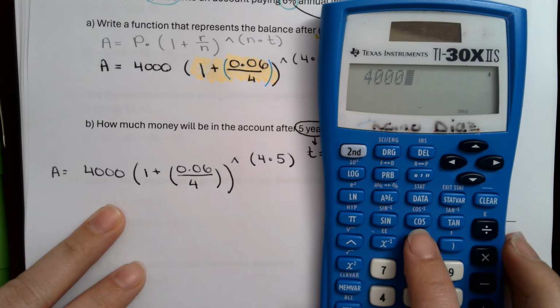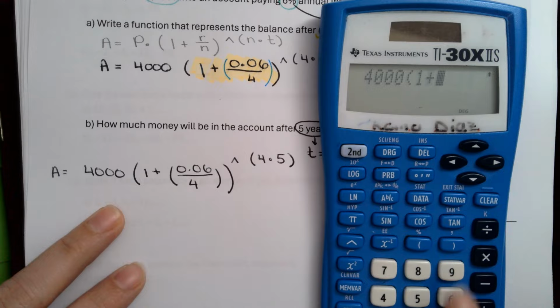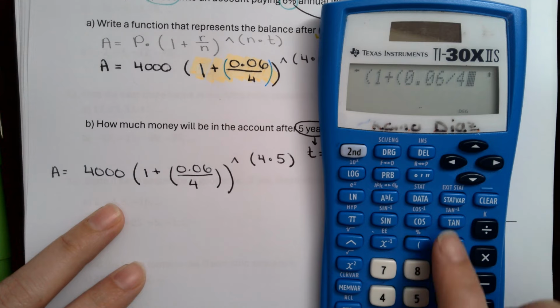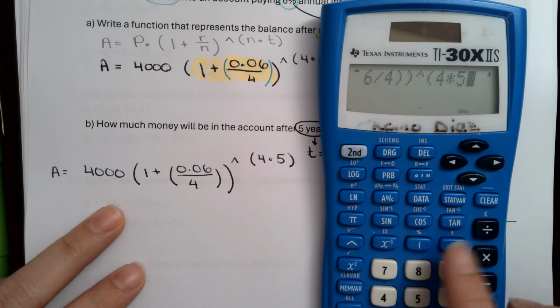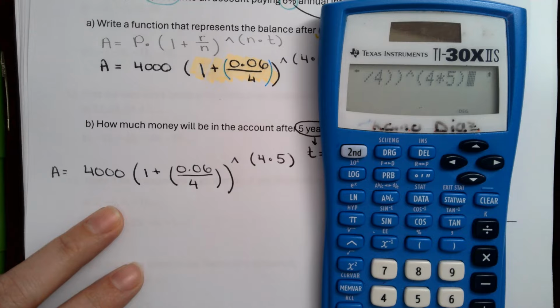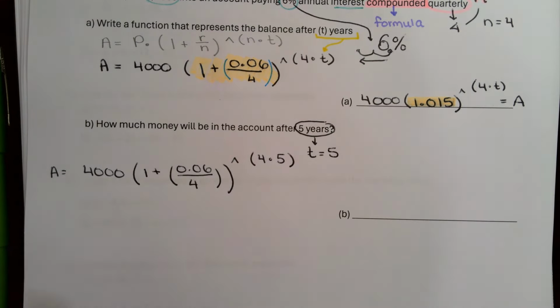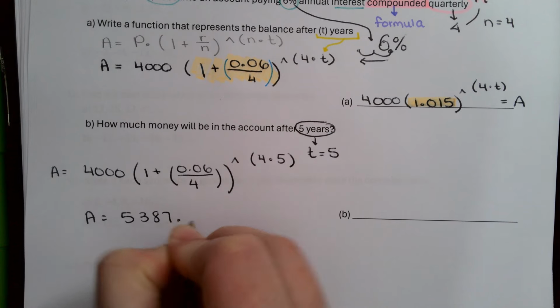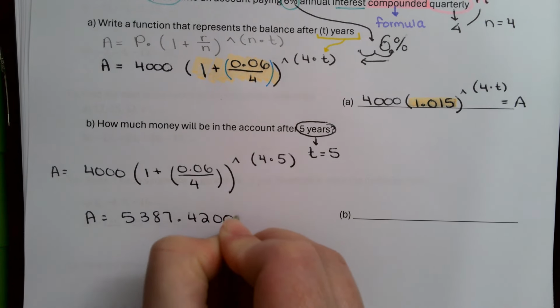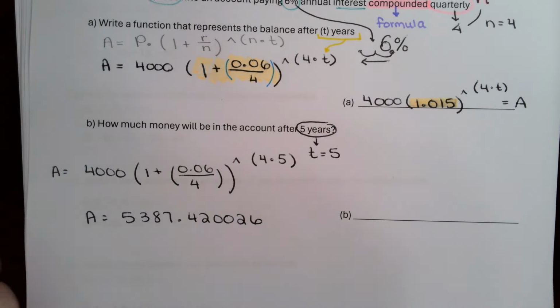So 4,000, open, 1 plus, open, 0.06 divided by 4. Careful here, close it, caret, open 5 times 4, or 4 times 5, close it, equals. We have an answer of 5387.42000626.